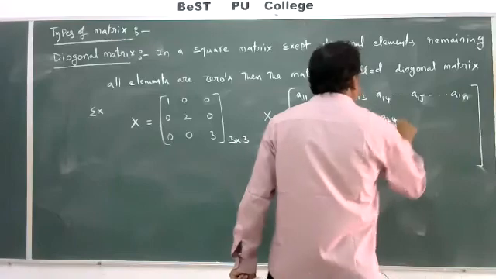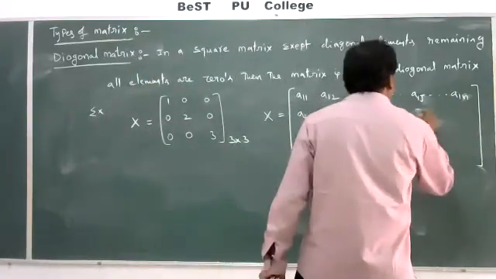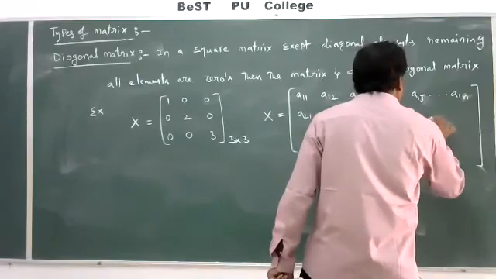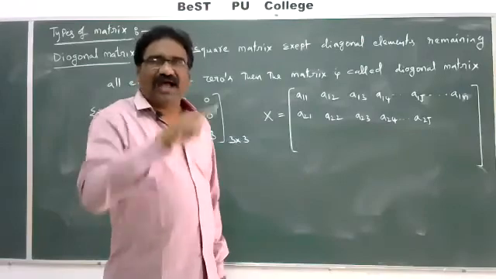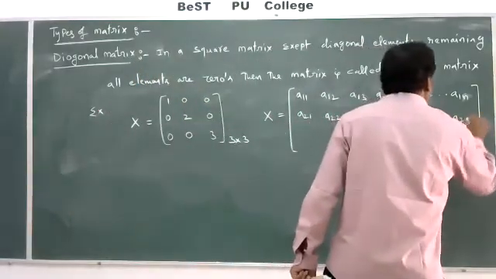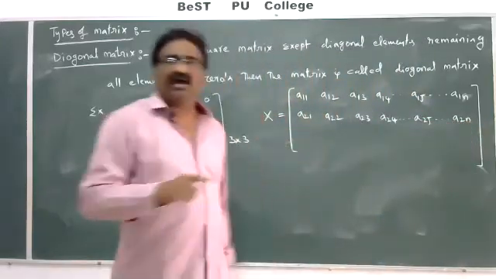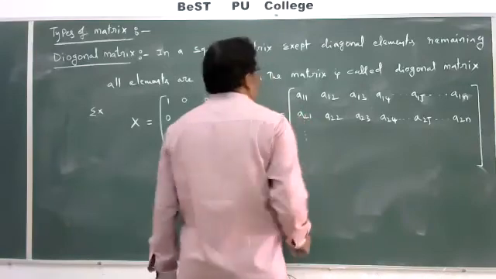A24, second row and fourth column, and so on. A2j, that is, the element belongs to second row and jth column. A2n, that is second row and nth column.